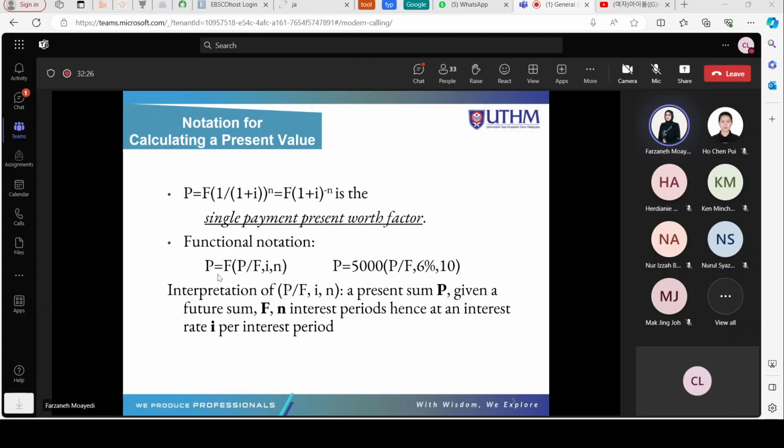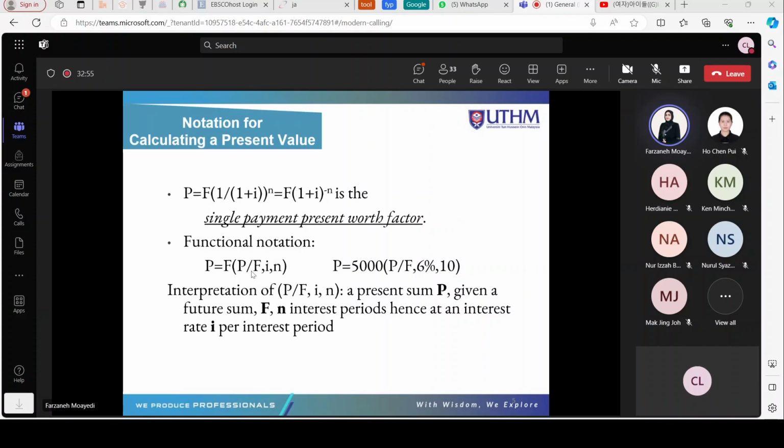So how can you read a functional notation? For this one, we have P, which is the present value. This is something that is missing, and you want to calculate the present value based on a future sum that is already given to you. What you see here is P/F.